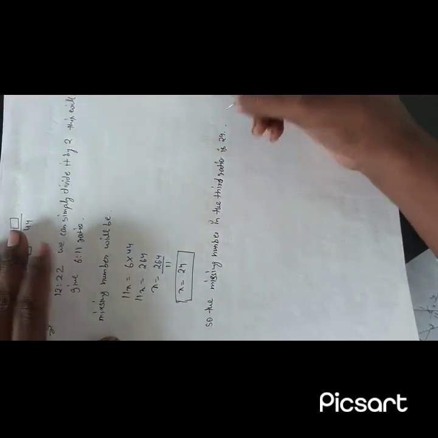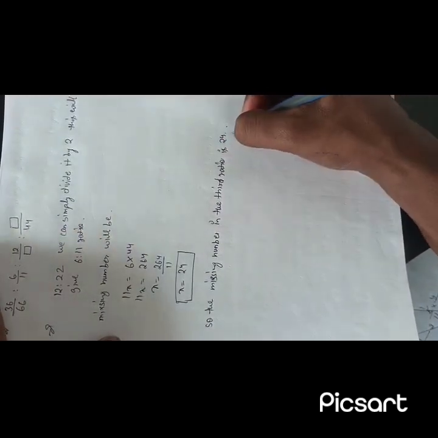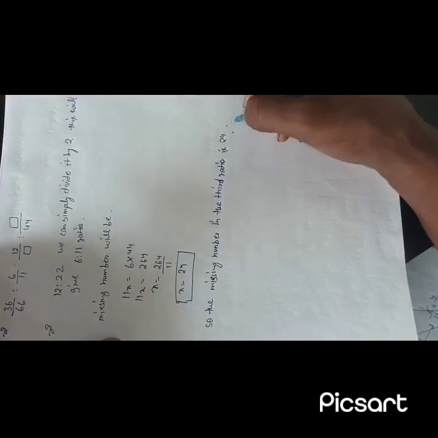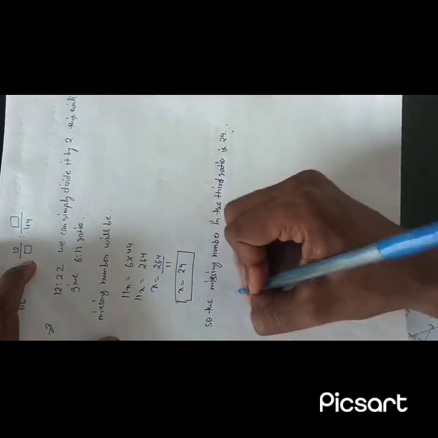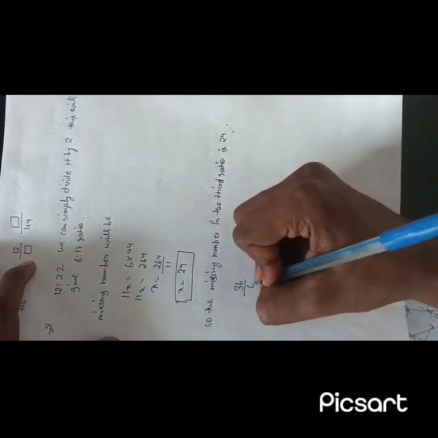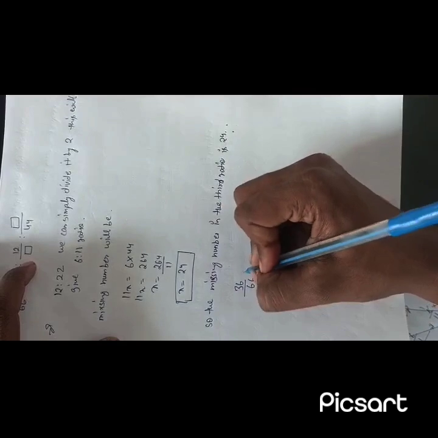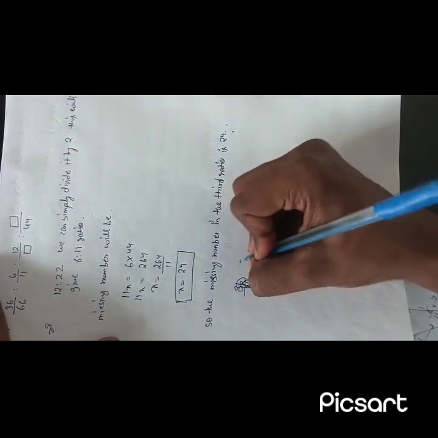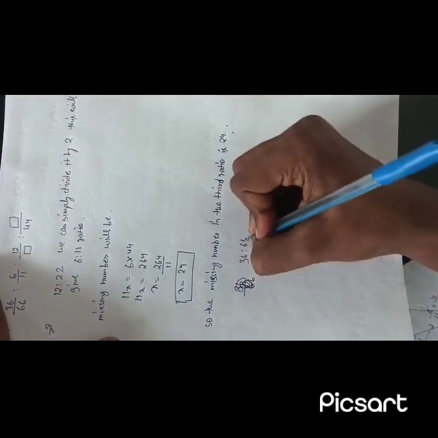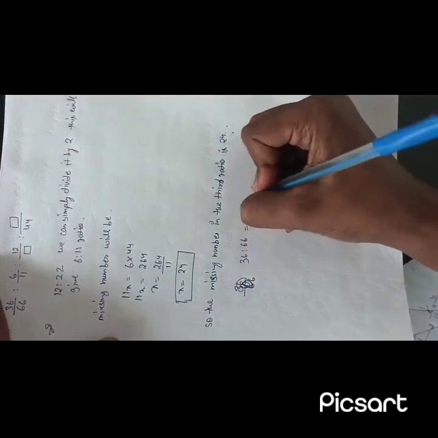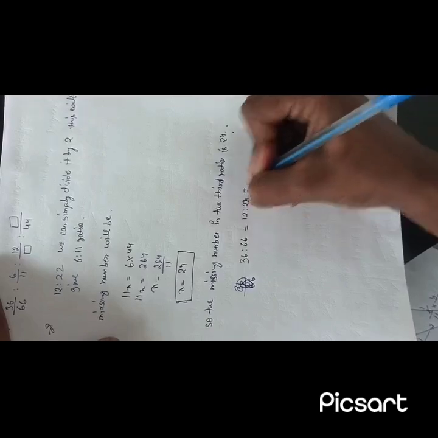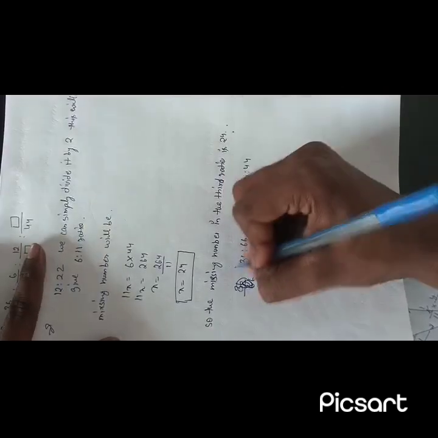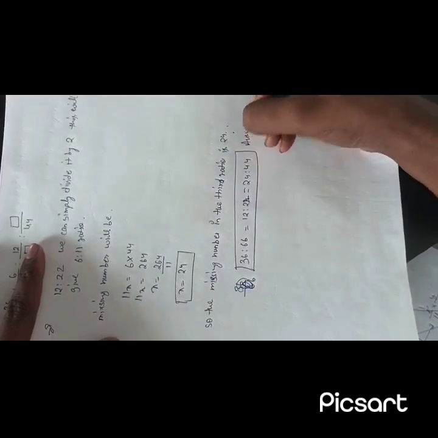We have got 24, 6, and 22. So in ratio form, 36 ratio 66 is equal to 12 ratio 22 is equal to 24 ratio 44. This is your completed answer.